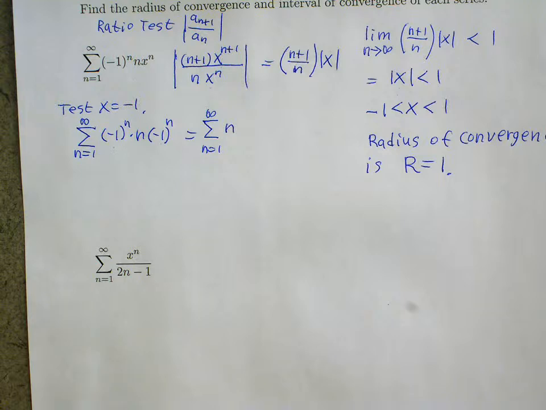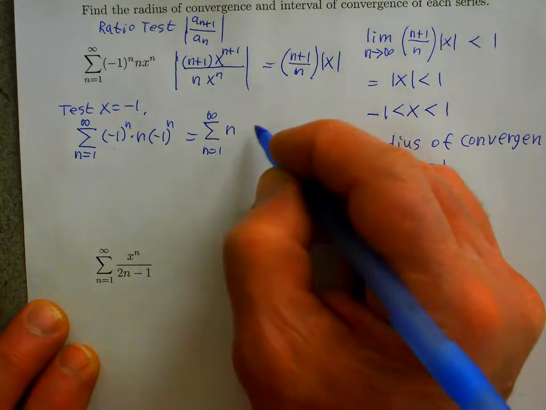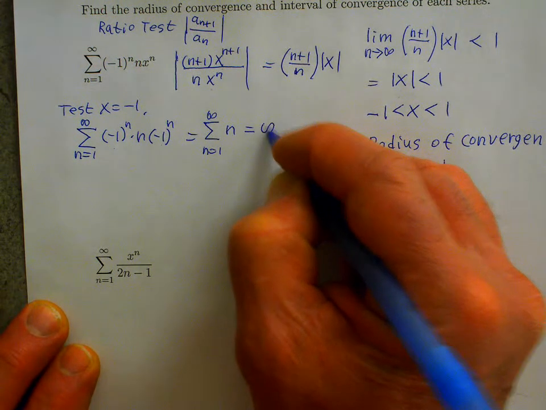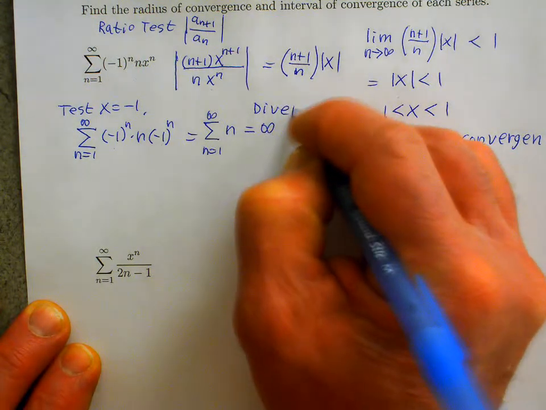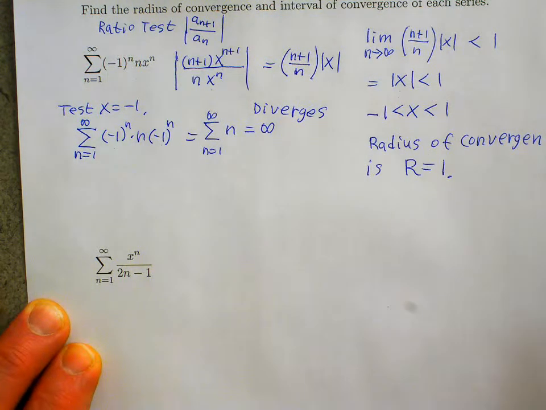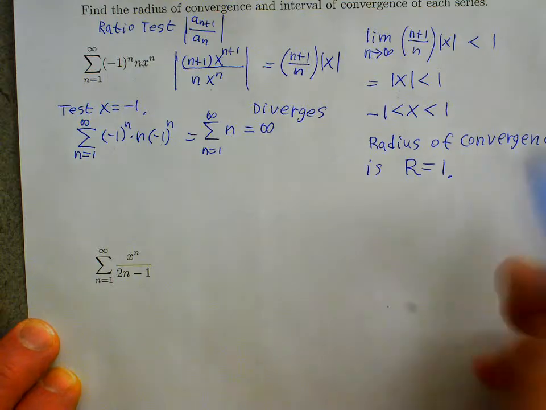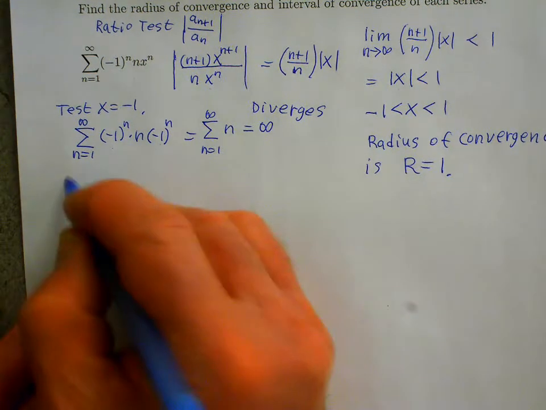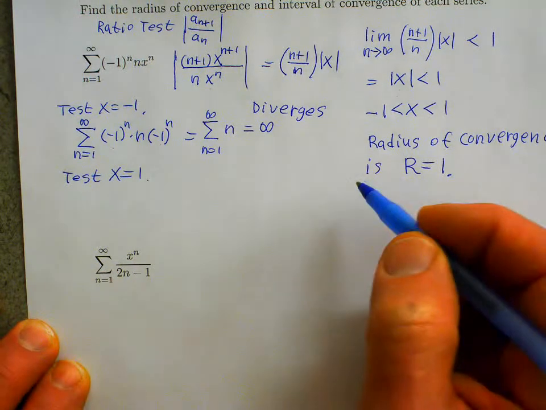So what do we know about that series? It diverges. We're just adding 1 plus 2 plus 3, so it diverges to infinity. We informally say that it's equal to infinity, but what we mean is that it diverges. So that means we exclude -1 from the interval of convergence.